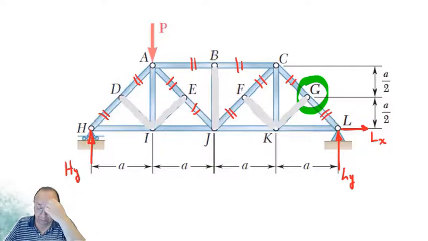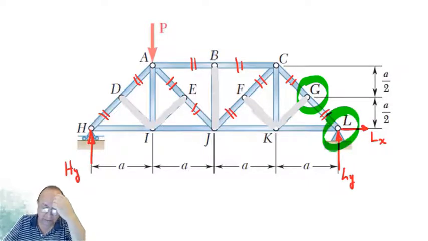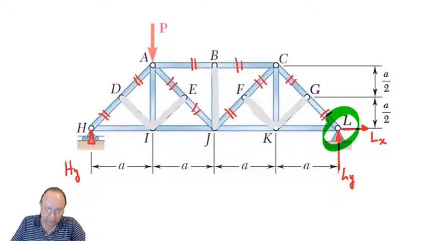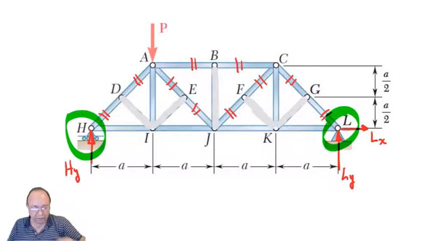What else? Joint L. Nothing to say. 1, 2, 3, 4 bars. No collinears, no nothing. Joint H, also nothing to say. No three bars, nothing collinear, no nothing.